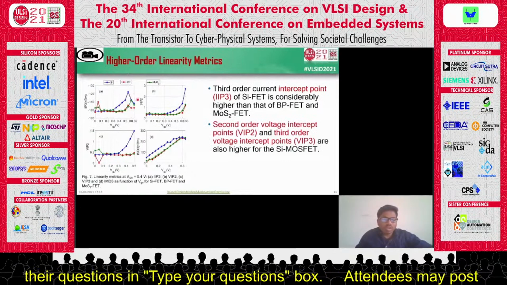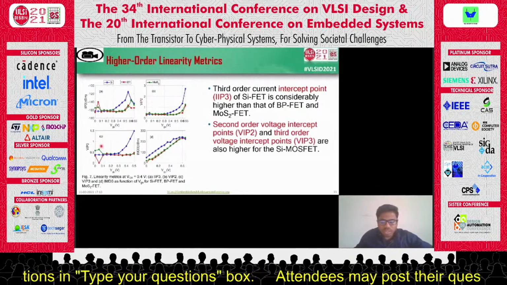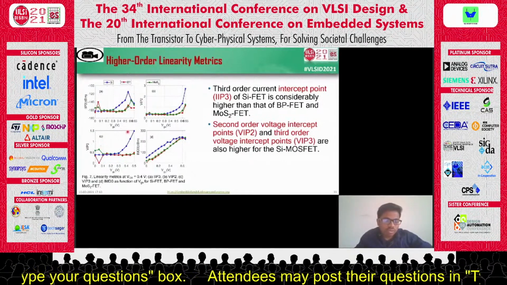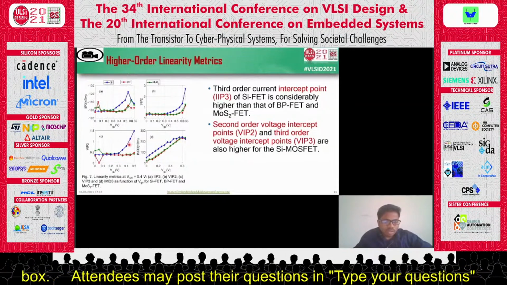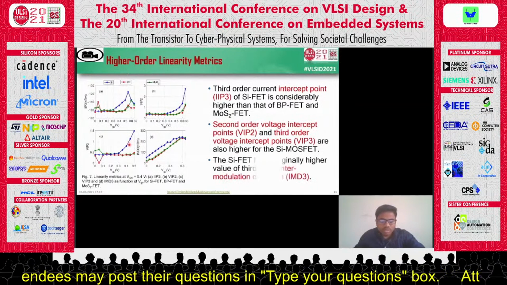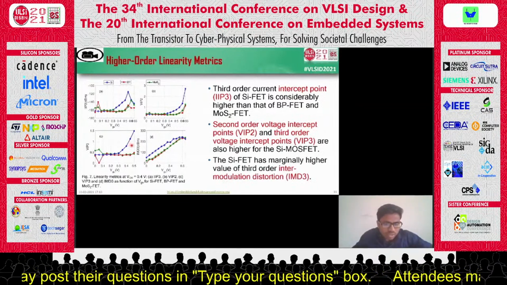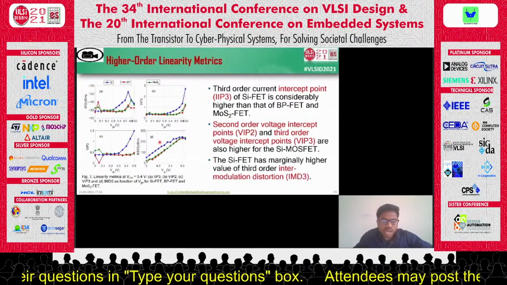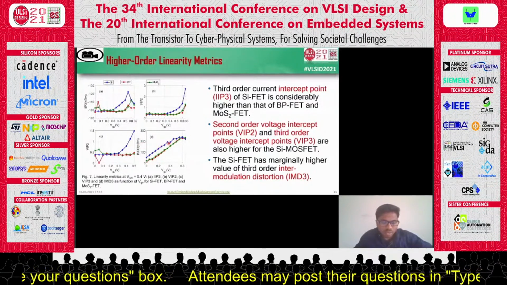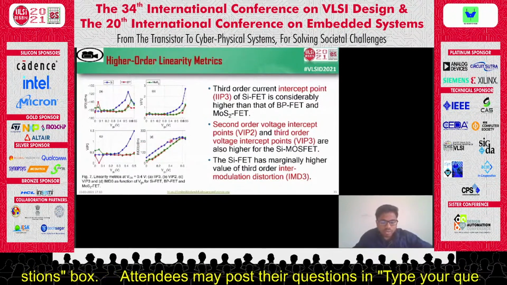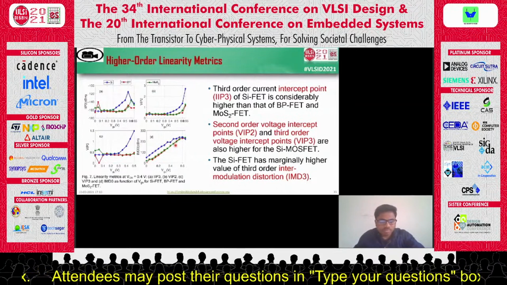The second order voltage intercept point and third order voltage intercept point are also higher for the Si MOSFET than that of the 2D material FET. And figure 7d shows that the Si MOSFET has a marginally higher value of IMD3 than that of the 2D material MoS2 and BP FET.